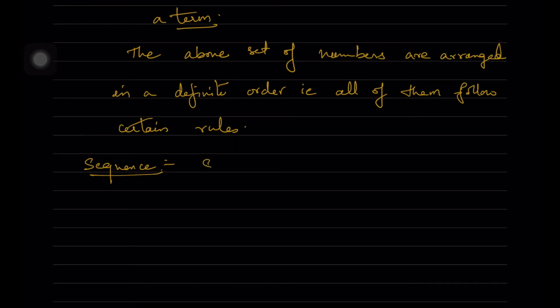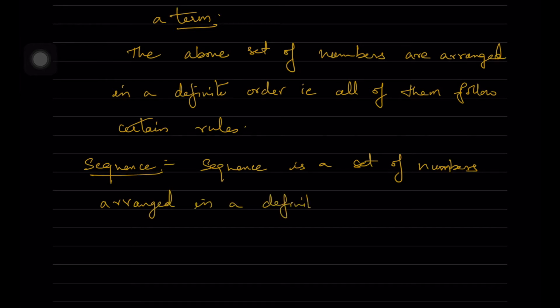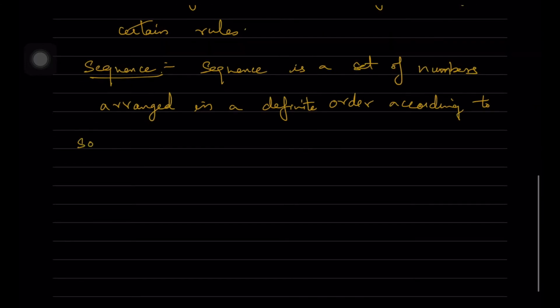So a sequence is a set of numbers arranged in a definite order according to some rule.